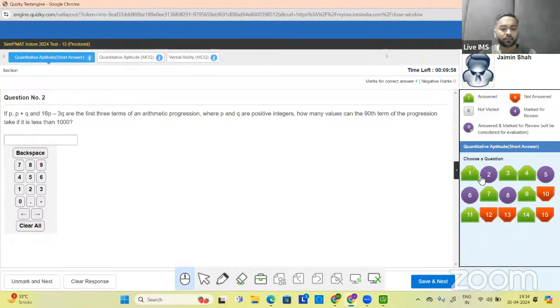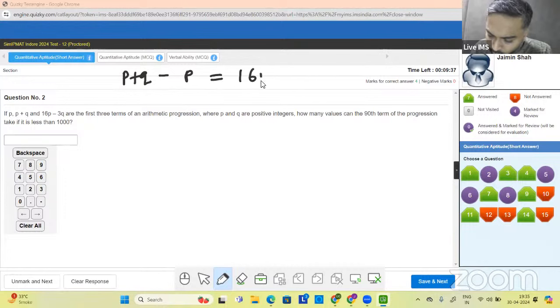ये देखते हैं. These are the terms, basically, first three terms of an arithmetic progression है. So basically I can say that P plus Q minus P should be equal to 16P minus 3Q minus P plus Q is what I can say.